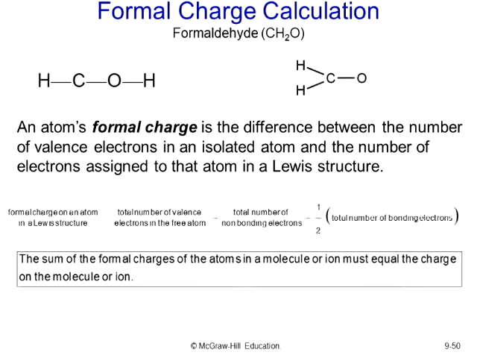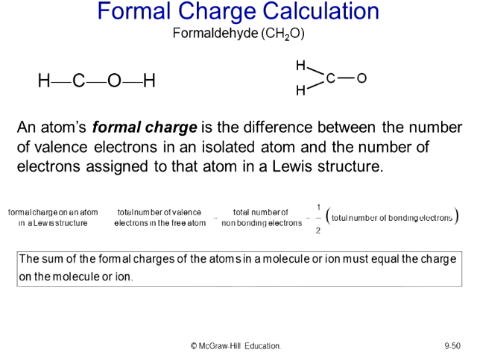So the formal charge on an atom in a Lewis structure equals the total valence electrons in the free atom minus the total number of non-bonding electrons minus 1/2 the total number of bonding electrons. So those are the shared electrons.